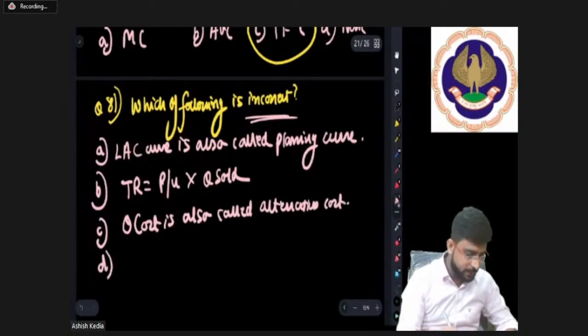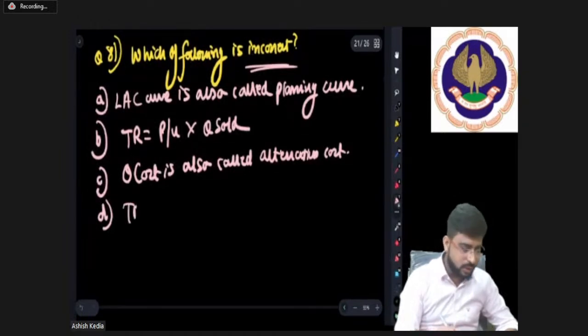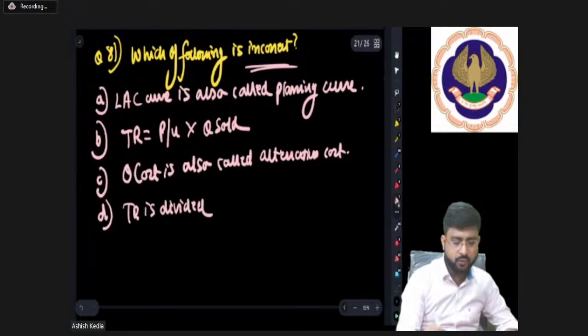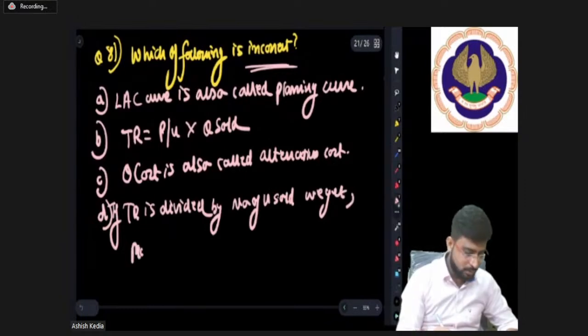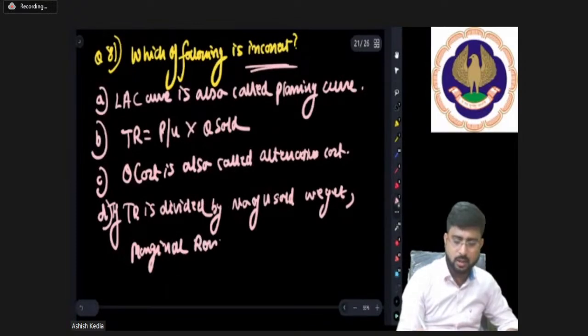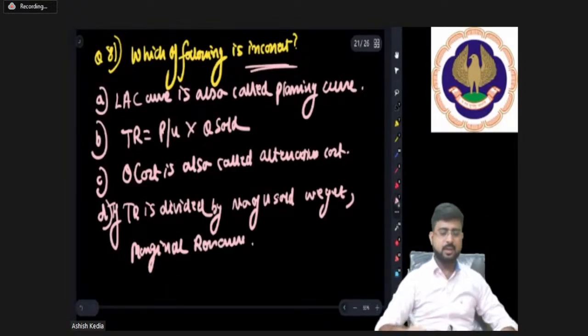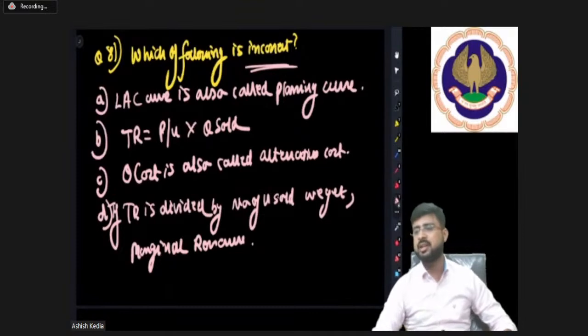And option D, if total revenue is divided by number of units sold, we get marginal revenue. They are asking us which of the following is incorrect, sir.